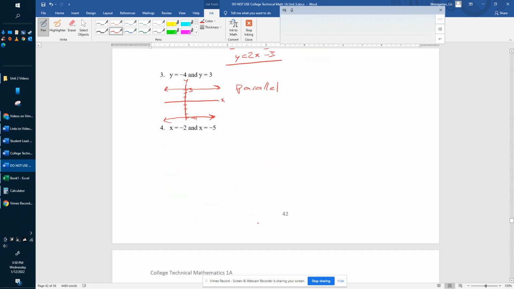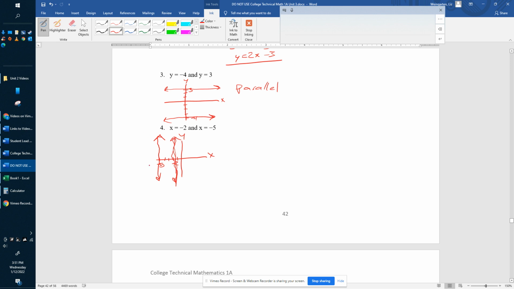How about x is -2, x is -5? Graph it. X, y, -2, -5. We don't care what y is, we just care that x is -2. You can pretend I hit that -2 dot there. -5.